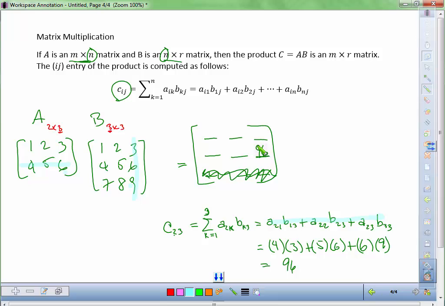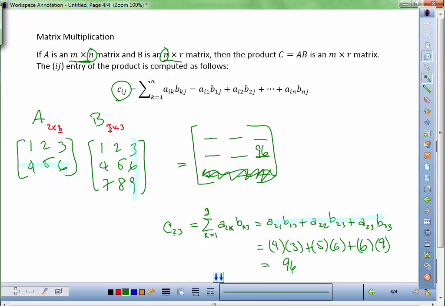And the size of our final matrix coming out: this is a 2 by 3 times a 3 by 3. And these two numbers have to match up. And your final matrix outcome is going to have 2 rows and 3 columns.